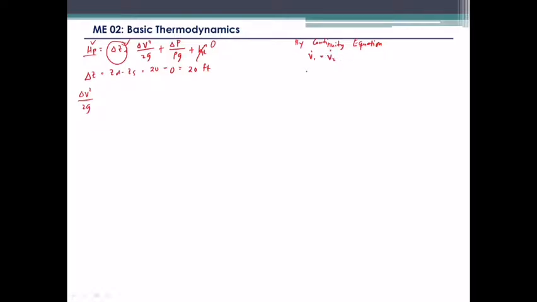So A1 V1, the cross-sectional area times the velocity at point 1, is equal to the cross-sectional area at point 2 times the velocity at point 2. So this is for incompressible fluids.